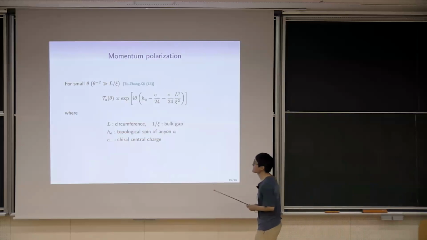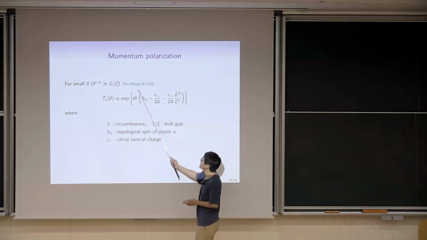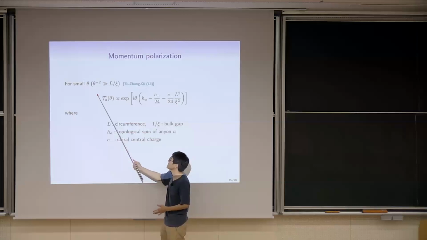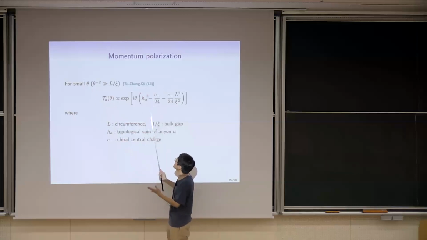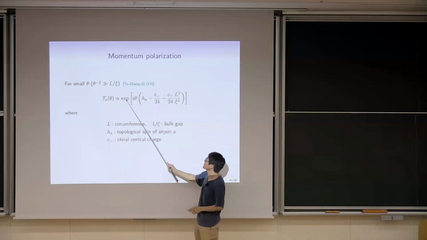This type of calculation was done first, as far as I know, in this paper, which I perhaps mentioned before. But in this older paper, people were interested in the small rotation, and this goes by the name momentum polarization. For small angle, the expectation value behaves in this way.